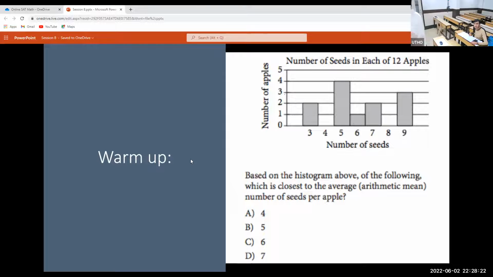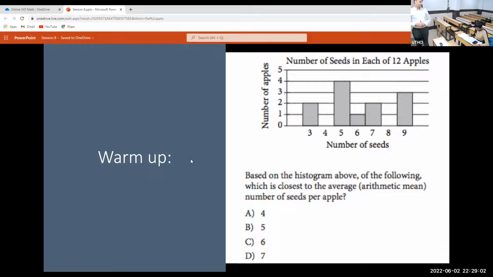So histogram, same rules. Option A is your answer.